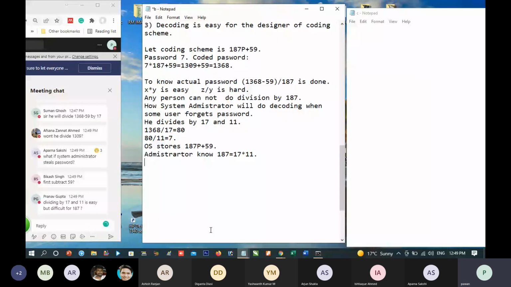Now the question comes: how does the system administrator know the factors of 187 and a general user doesn't know them? That is also an issue. How are the factors of 187 known to the administrator?